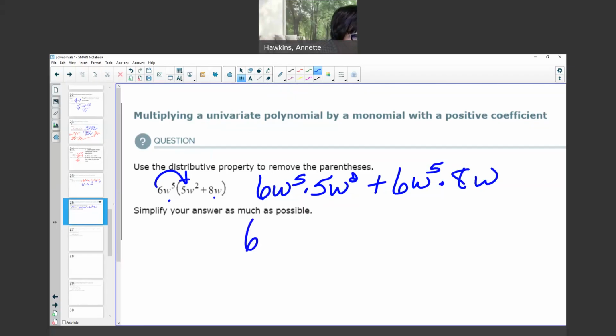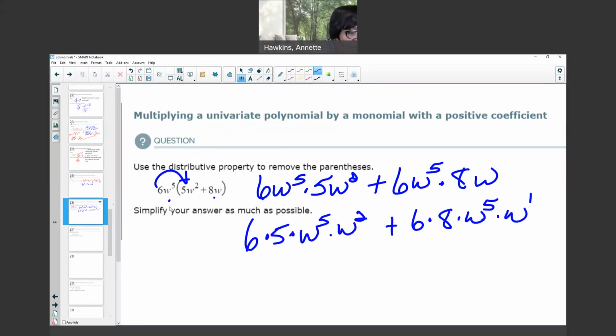So this is 6 times 5, w to the 5th, w squared, 6 times 8, w to the 5th times w to the 1st. 6 times 5 is 30. Multiplying, the bases are alike. Keep the base, add the exponents. 6 times 8, 48. Multiplying, the bases are alike. Keep the base, add the exponents.